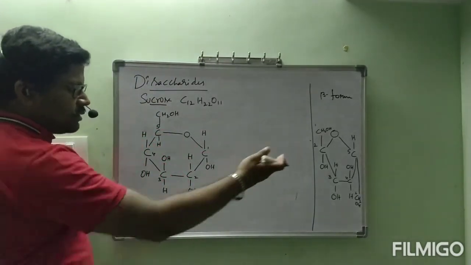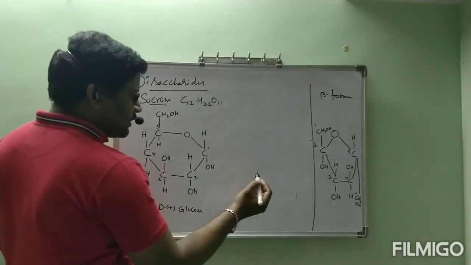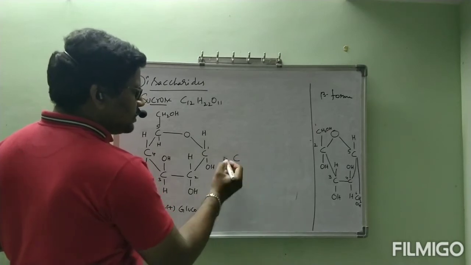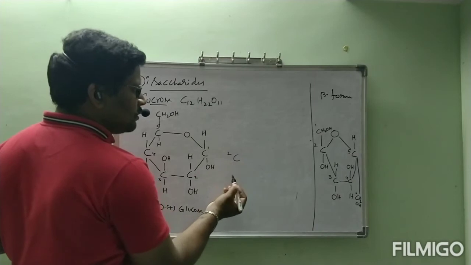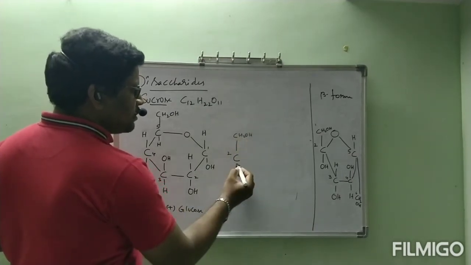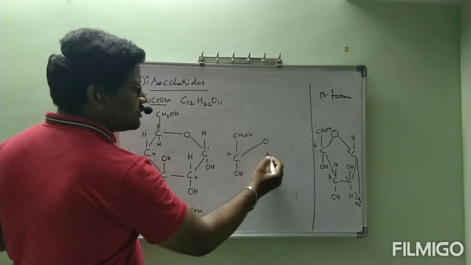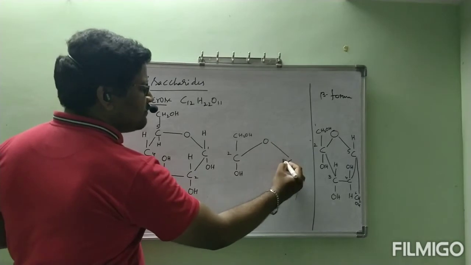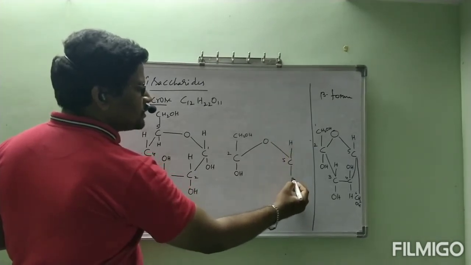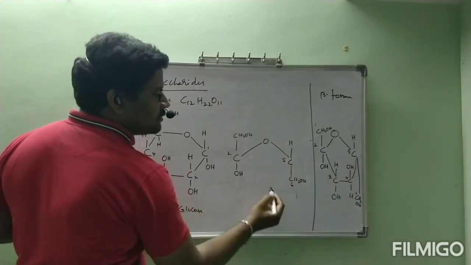Okay, next beta D fructose. Beta D fructose, this carbon, second carbon, here CH2OH, this is OH, bonded to oxygen, bonded to C5, above H, below CH2OH. This is sixth carbon.